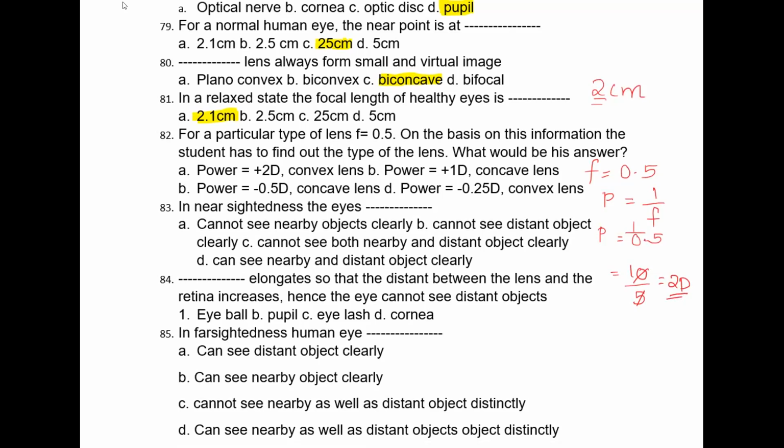Power P is equal to 2 diopter, convex lens. Power 1 diopter, concave lens. Power is equal to -5 diopter, concave lens. Power is equal to 0.25 diopter, convex lens. So the answer is option A, power is equal to 2 diopter, convex lens.